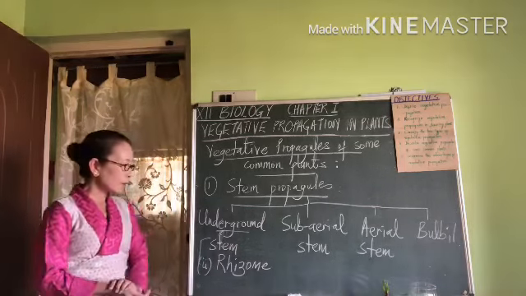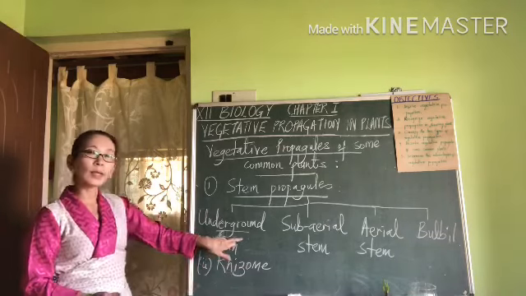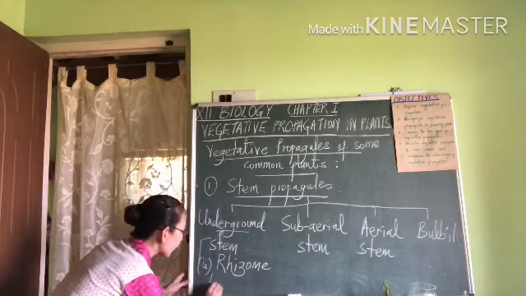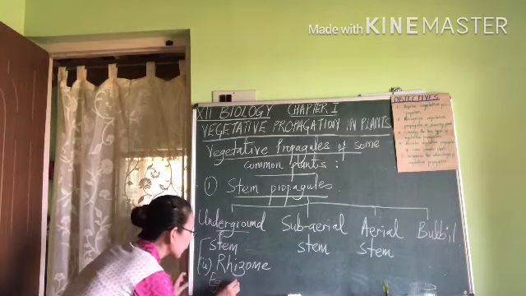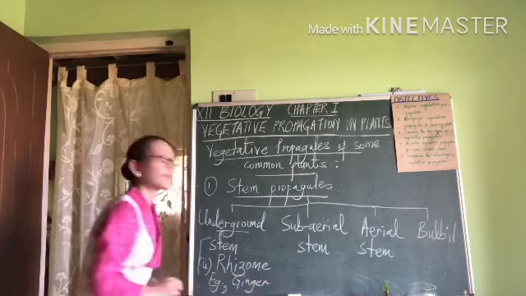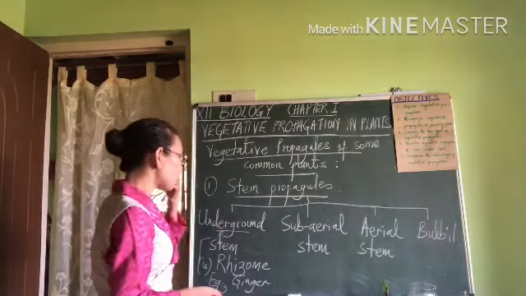So now what is a rhizome? A rhizome is a modified underground stem. And the common example that we can take for rhizome is, let's take up ginger. Right? Ginger is a very common example for rhizome.